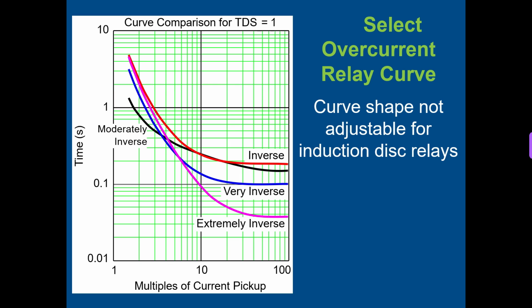When we were using electromechanical relays, we had only fixed characteristics: moderately inverse, normal inverse, very inverse and extremely inverse. But it is not possible to cover all the different types of damage curves with these four characteristics only.